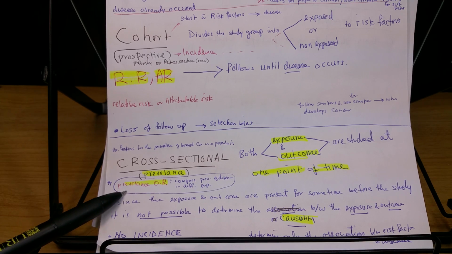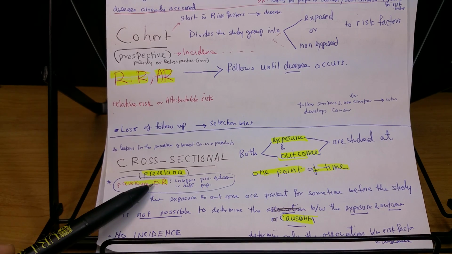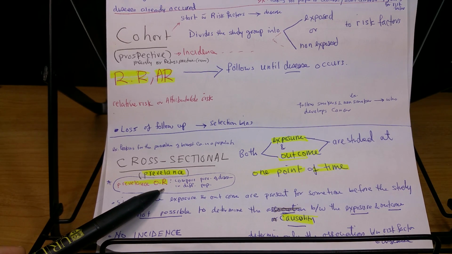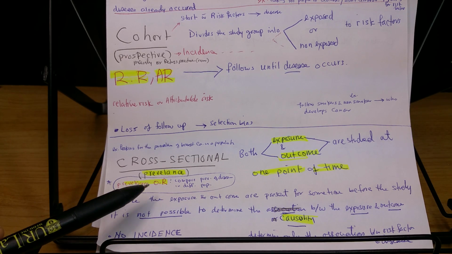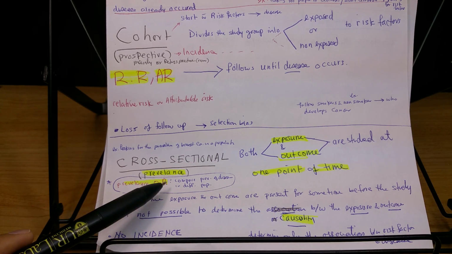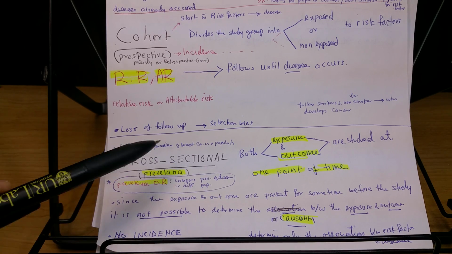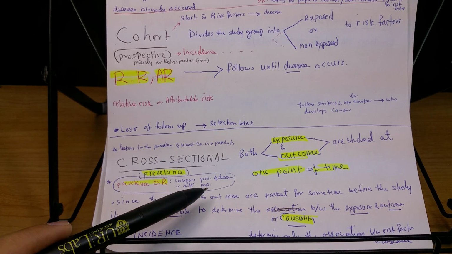There's something called the prevalence odds ratio. We talked about the exposure odds ratio in case control, but the prevalence odds ratio compares the prevalence of diseases in different populations.